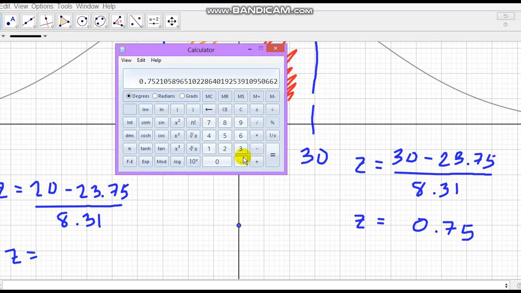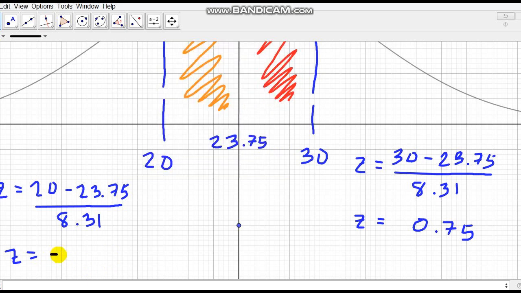So 20 minus 23.75 is negative 3.75, divided by 8.31. This is negative 0.45. So we have to obtain the area that corresponds to 0.75 and negative 0.45.